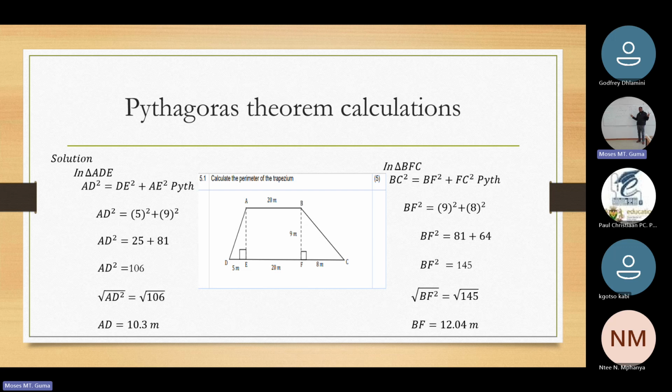I hope that, folks, you understand the theorem of Pythagoras and you know what the theorem is, and you actually know when to apply the theorem of Pythagoras and how. Remember, I said we can require you to prove that a triangle is a right angle triangle. We shall give you all the 3 sides.